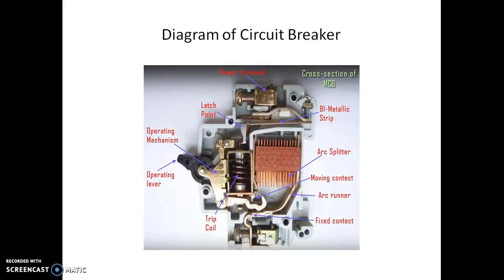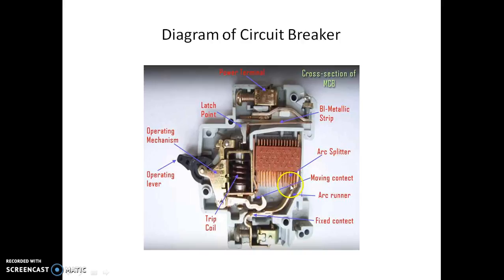Now I will show you right here how the high resistance method is employed. If you look here, this is the arc runner. Whenever the arc exists between these two contacts, this arc is forced into what is called the arc splitter. So this arc will be like this.